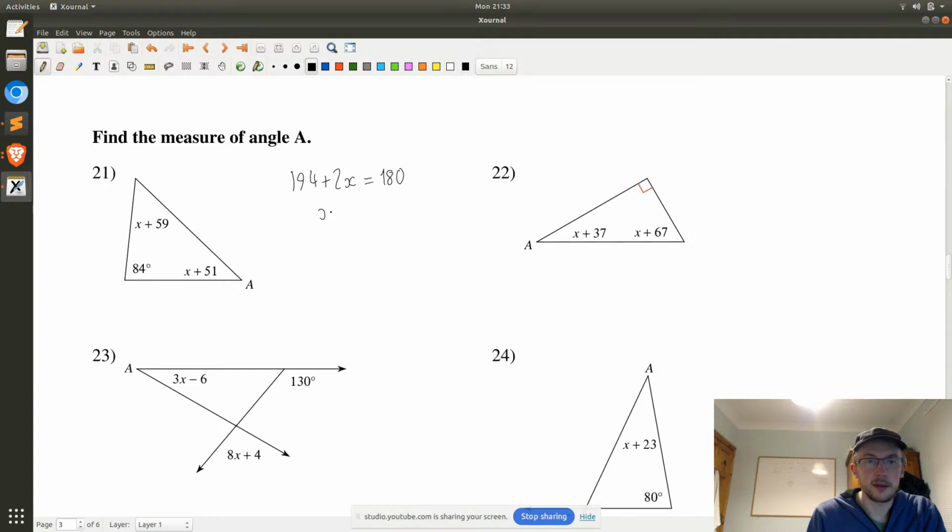So x must be -7. The measure of angle A is x plus 51. So 51 minus 7, which is 44 degrees.